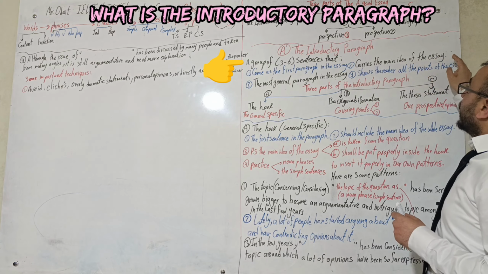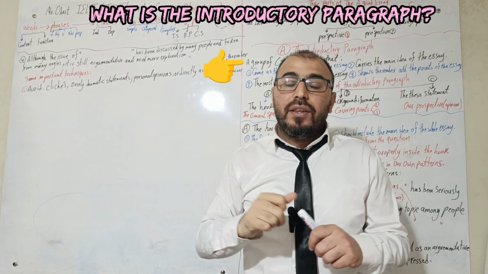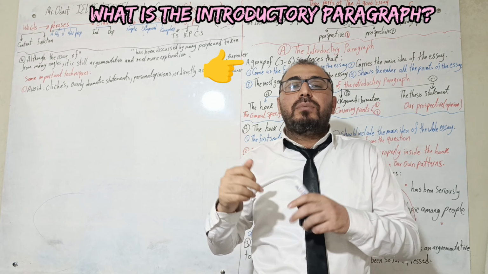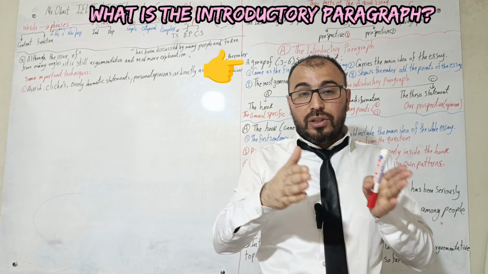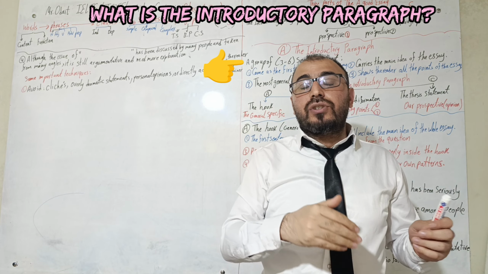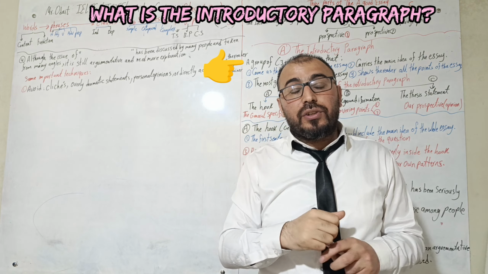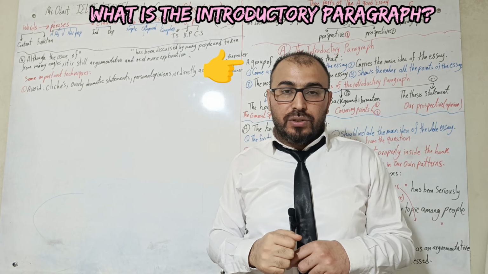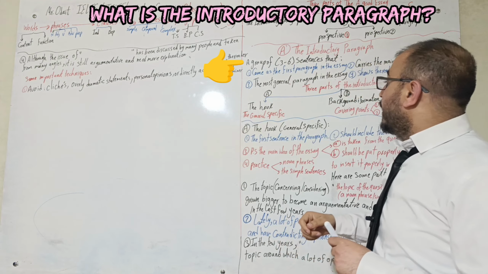Number 2, it carries the main idea of the essay. And as we said before, the introductory paragraph can be considered as the general overview of the essay, with which the reader should understand what he or she is going to go through in this essay.